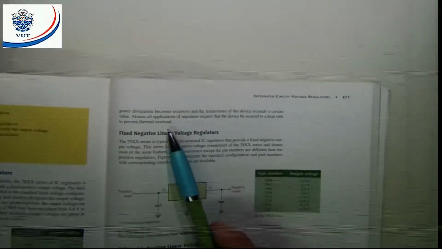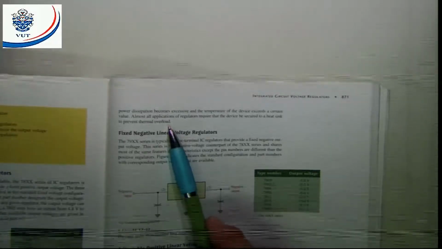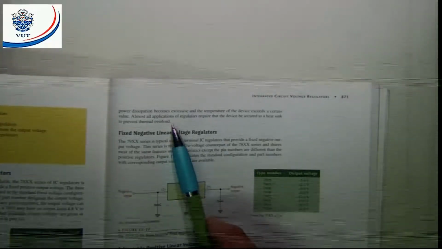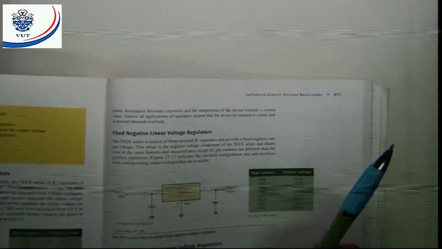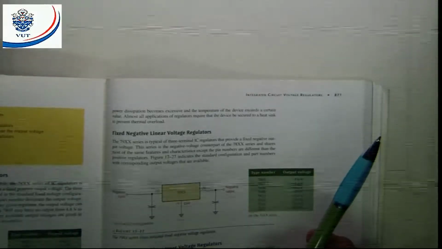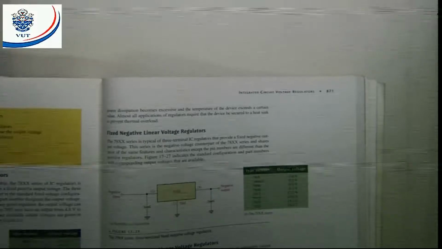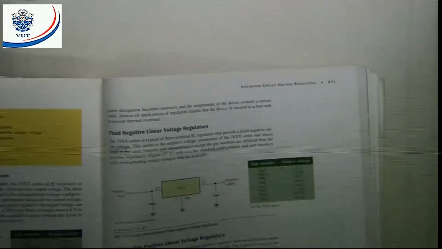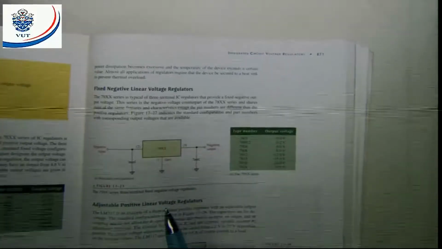If you're going to draw very small amounts of current, then it's not necessary, but if you're going to draw in excess of 500 milliamps, you should secure it to a heatsink. And also, depending on the difference between the input and the output, because that will also increase the power dissipation of the control element.